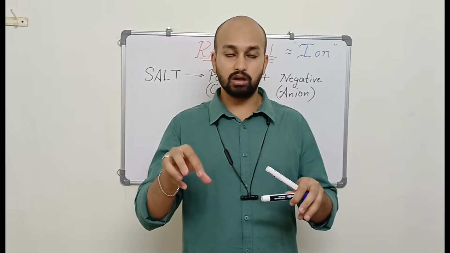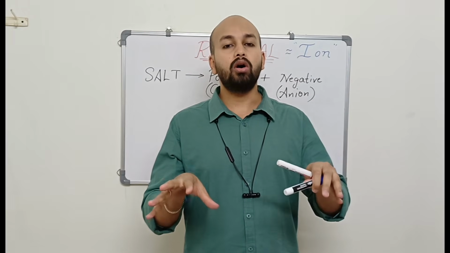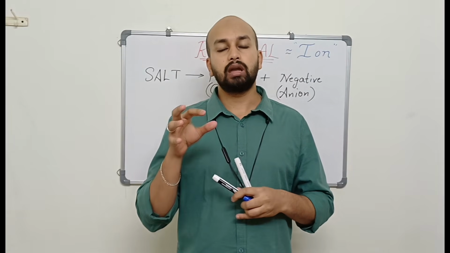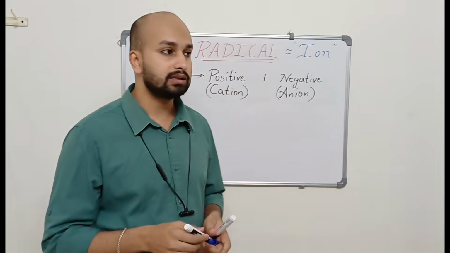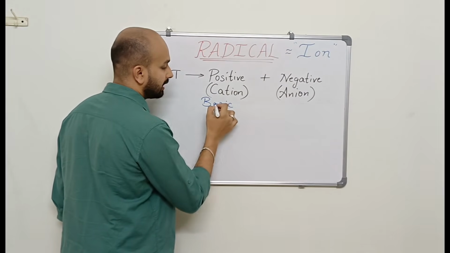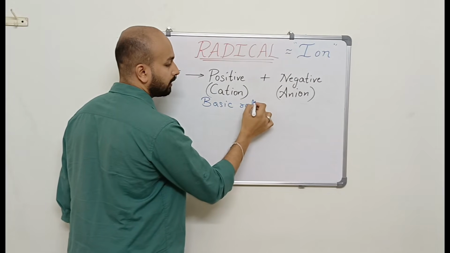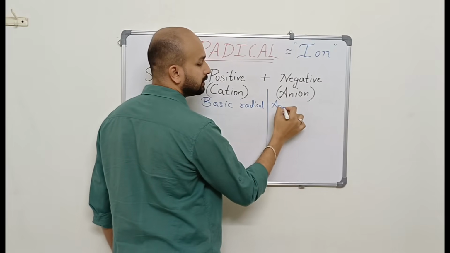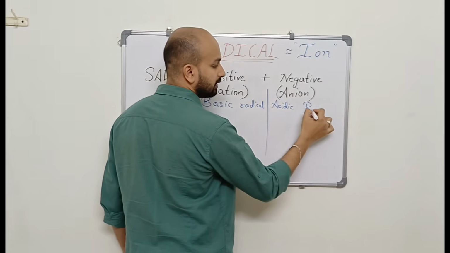One is cation, another one is the anion, or you can call them radicals. So cation is actually called basic radical, whereas anion is called acidic radical.